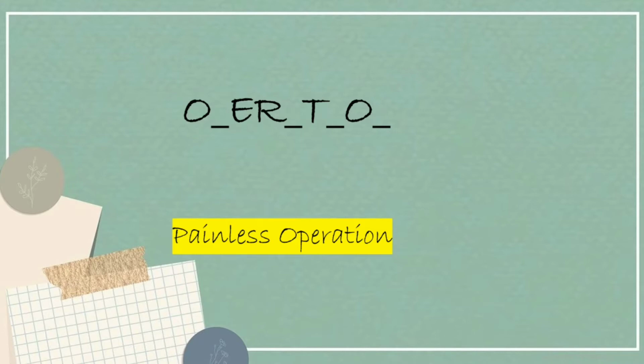It is said as a painless operation because we're spelling out the word OPERATION, but we left out the four letters P-A-I-N, the word pain. So we now have painless operation: the word operation without the letters PAIN.